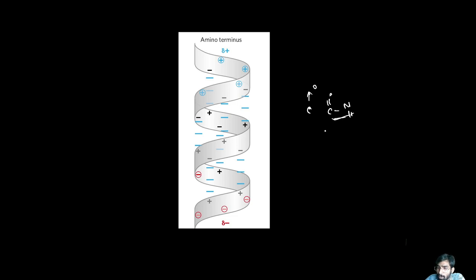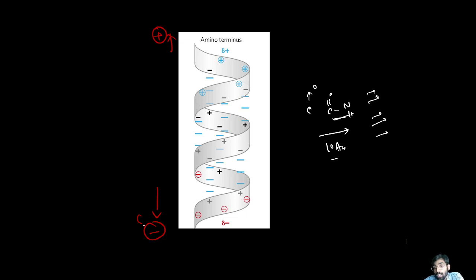That's why they will show some polarity. Suppose 10 amino acids are there, all the amino acids will show some polarity, and then you can add the polarity vectors, and if you add them you can see that the amino terminus is behaving as a positive terminal, and the carboxy terminal is behaving as a negative terminal.